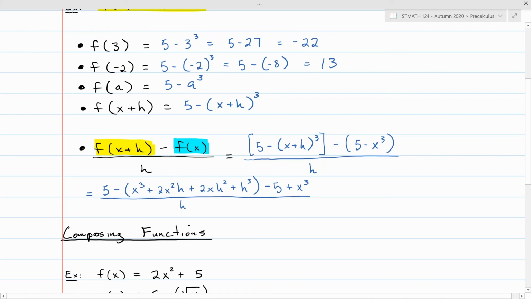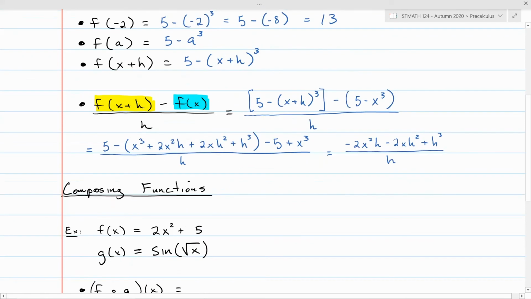And hopefully you notice that the 5 and the negative 5 cancel, and then there's going to be a negative x cubed and a positive x cubed that cancel. And so you're going to be left with negative 3x squared h minus 3xh squared minus h cubed all over h.